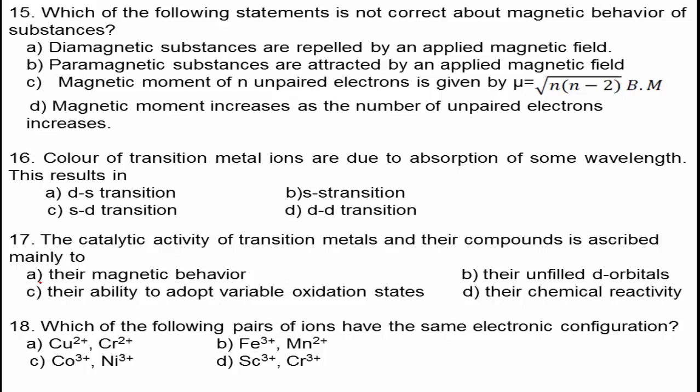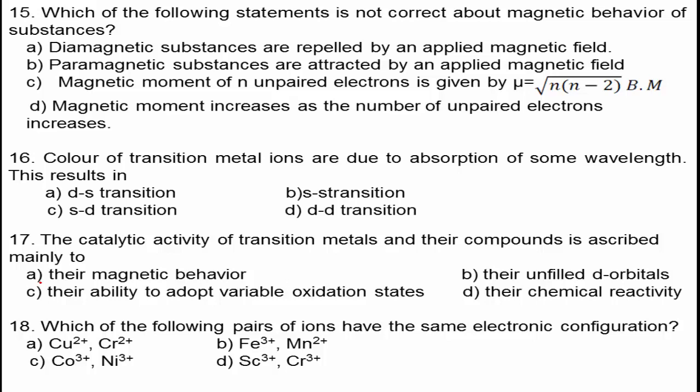Students, diamagnetic substances are repelled by an applied magnetic field because they have no unpaired electrons. Paramagnetic substances, due to the presence of unpaired electrons in them, are attracted by an applied magnetic field. And the magnetic moment of unpaired electrons is given by the formula mu equal to under root of n into n plus 2.